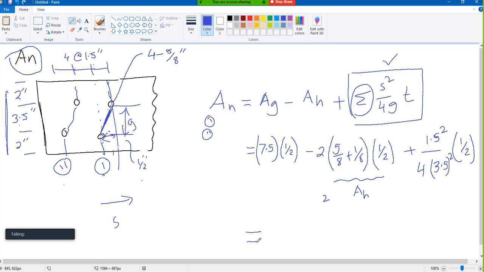Now whatever you will get, okay, we had better do it. 7.5 times 0.5. So gross is 3.75, minus 2 times 5 divided by 8. This portion is 0.75.